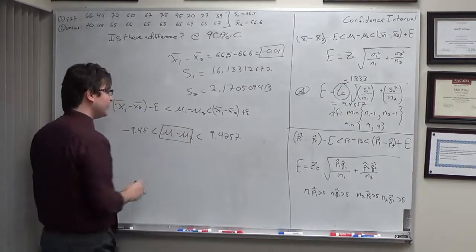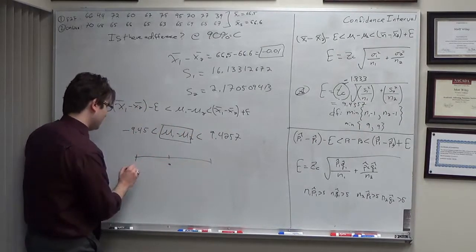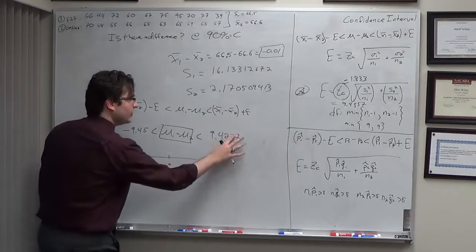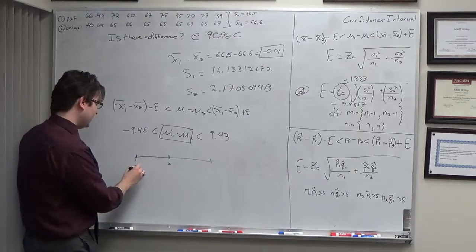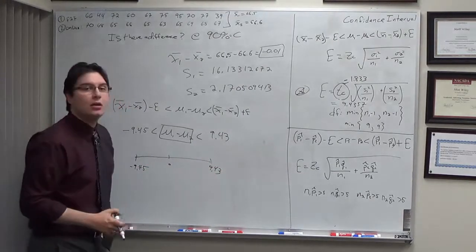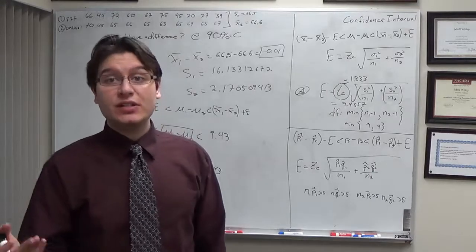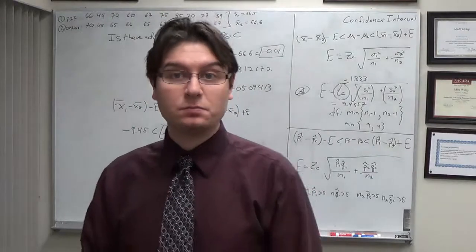We took the difference of two numbers, and on a number line, the difference between those two numbers, and let me round this up to 3 decimal places here. Negative 9.45, positive 9.43. Our question was, was there a difference between online students and face-to-face students of any significance?